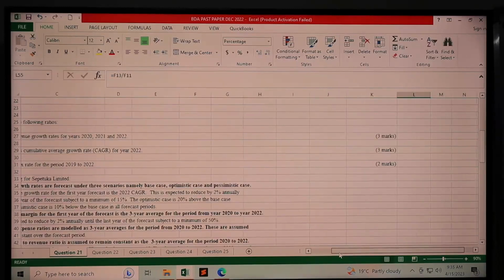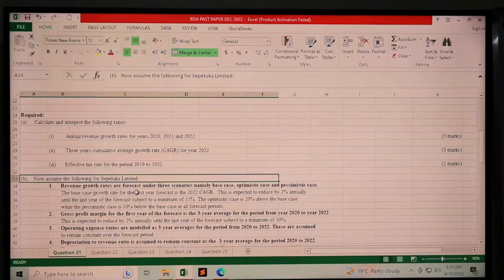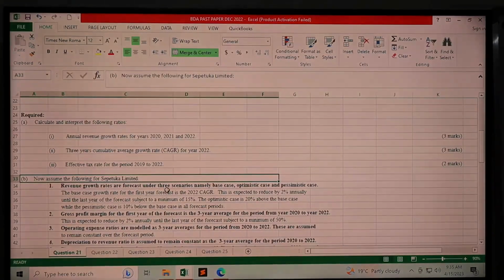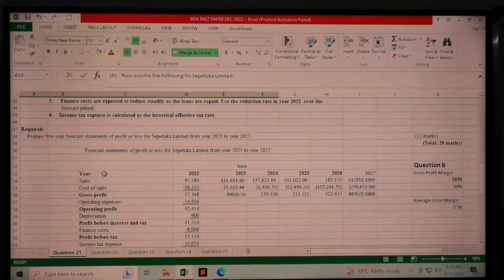So let's read question 2. Now you're told to assume the following happened in this. We are told the revenue growth rates are forecast under 3 scenarios. That is, we have the 3 scenarios: the base, optimistic, and the pessimistic case, which according to my working, I'm going to set those values here.